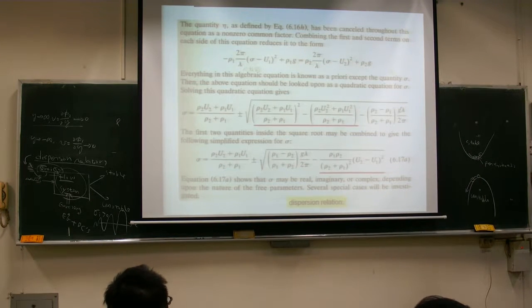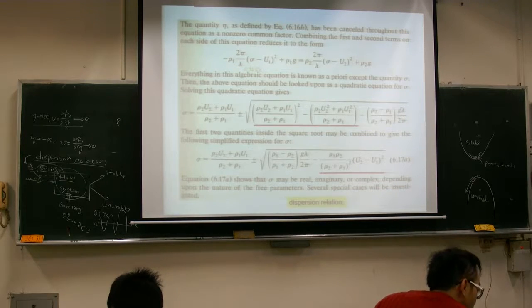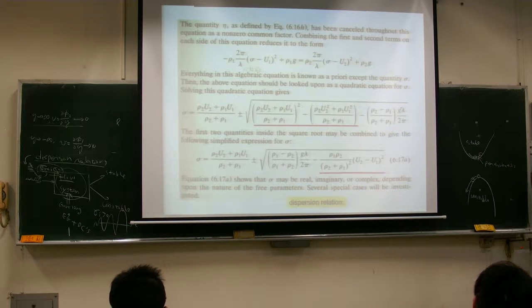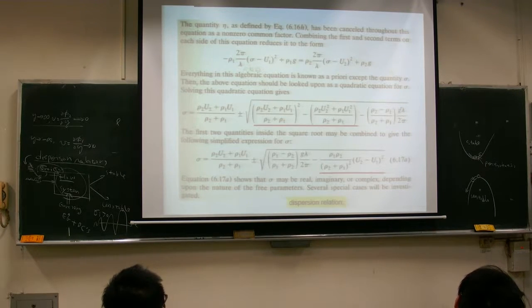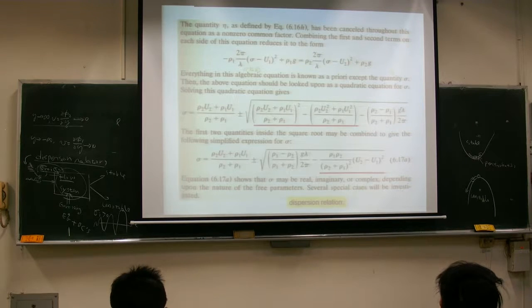Now sigma is equal to rho 2 u2, plus rho 1 u1, divided by rho 1 plus rho 2, and then plus or minus the square root of g, rho 1 minus rho 2, over rho 2 plus rho 1, multiplied by g lambda over 2 pi. This is the gravitation term here.